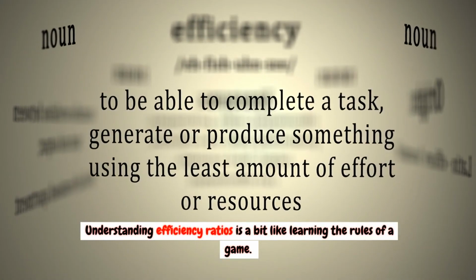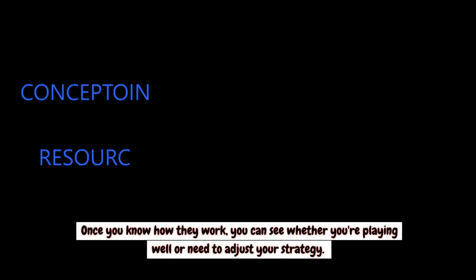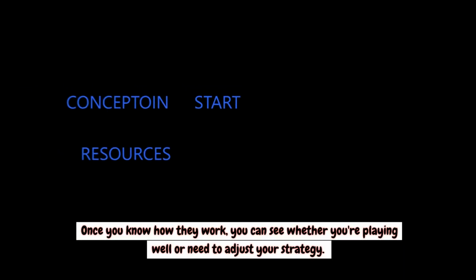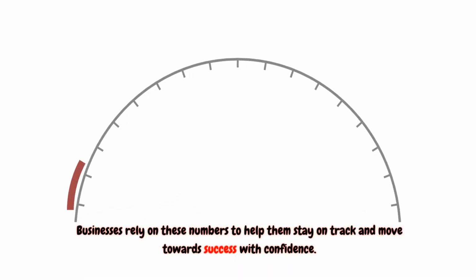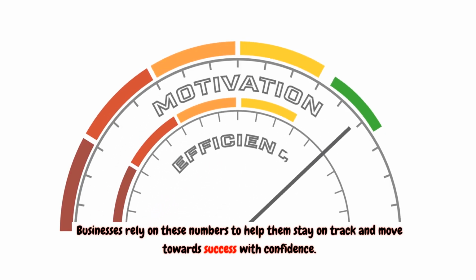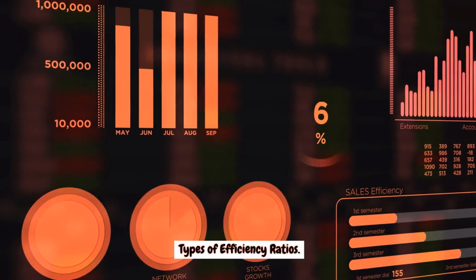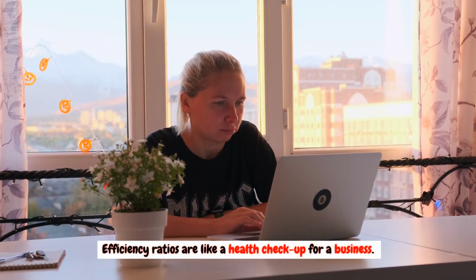Understanding efficiency ratios is a bit like learning the rules of a game. Once you know how they work, you can see whether you're playing well or need to adjust your strategy. Businesses rely on these numbers to help them stay on track and move towards success with confidence. Types of efficiency ratios. Efficiency ratios are like a health checkup for a business.